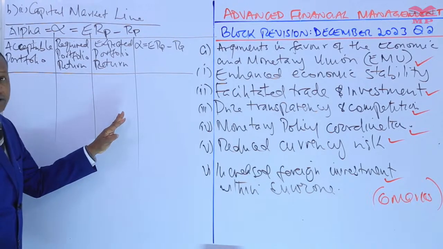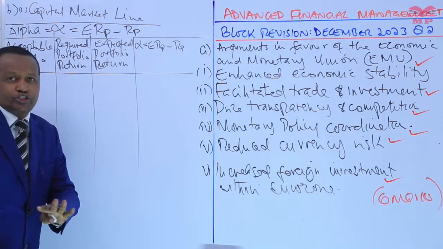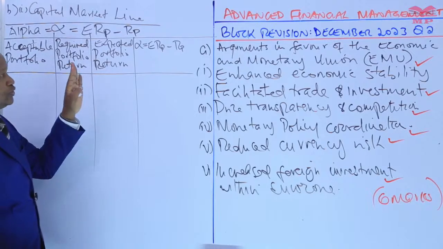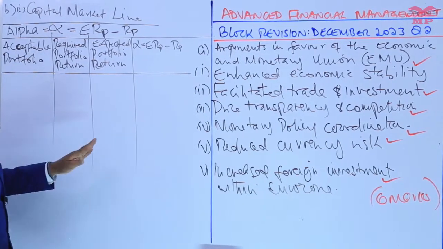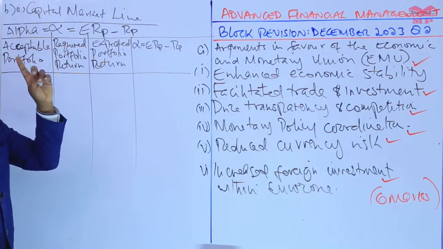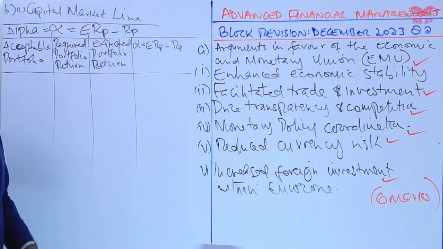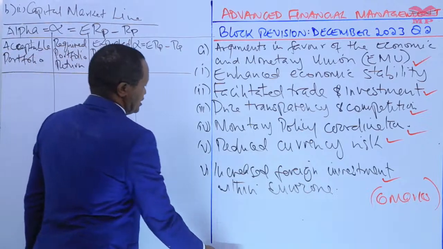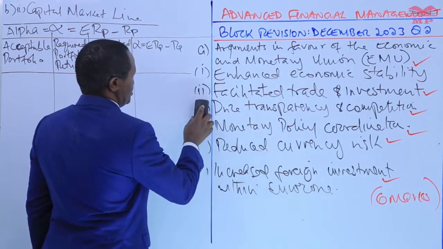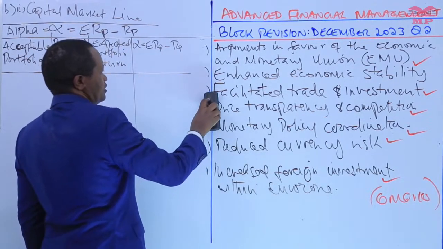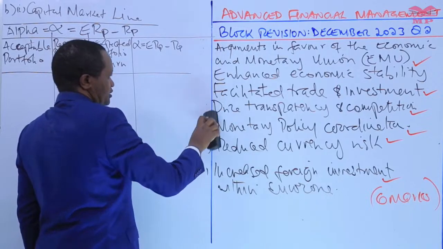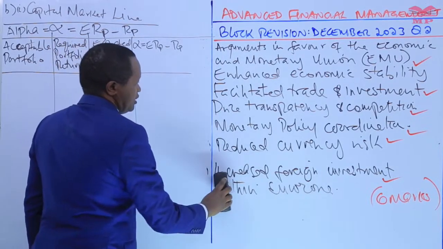By formula, I mean the approach. This is the approach we are going to use in answering this question based on the capital market line. So anything else we are going to work out, candidates, are just what we call workings. So we are going to have our workings here.